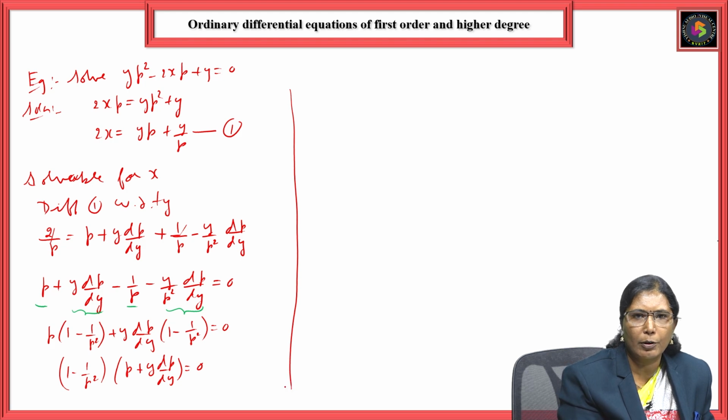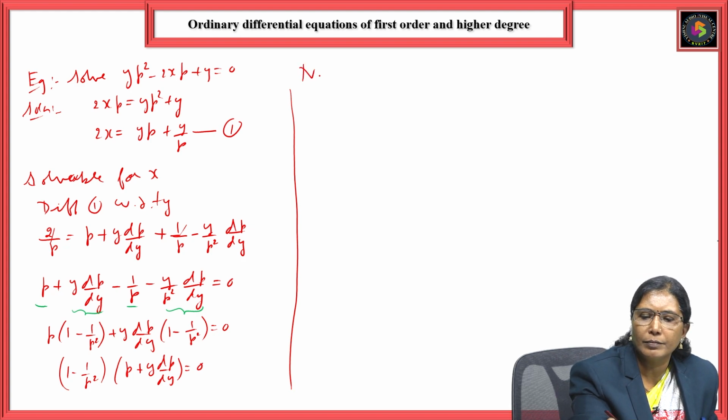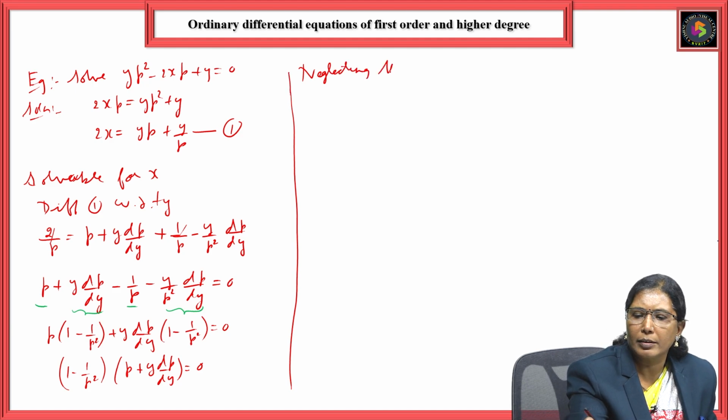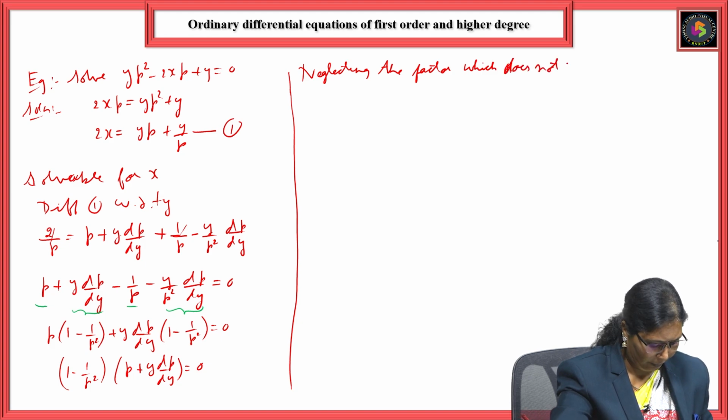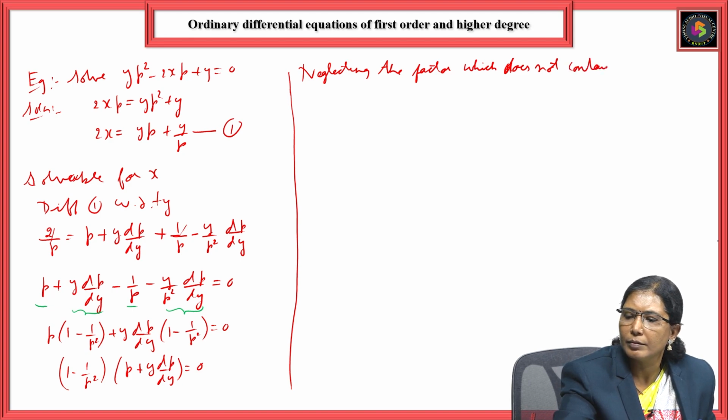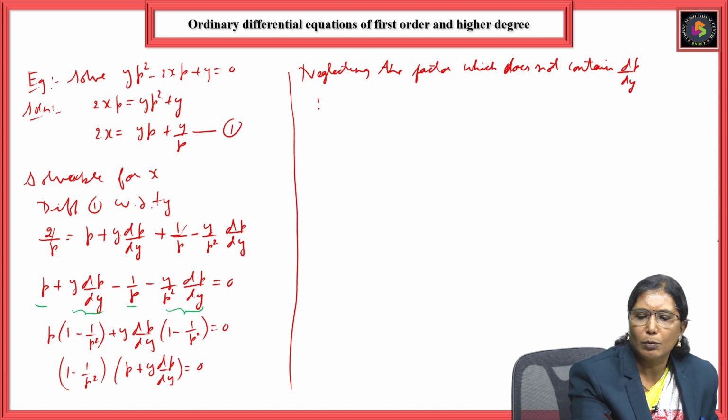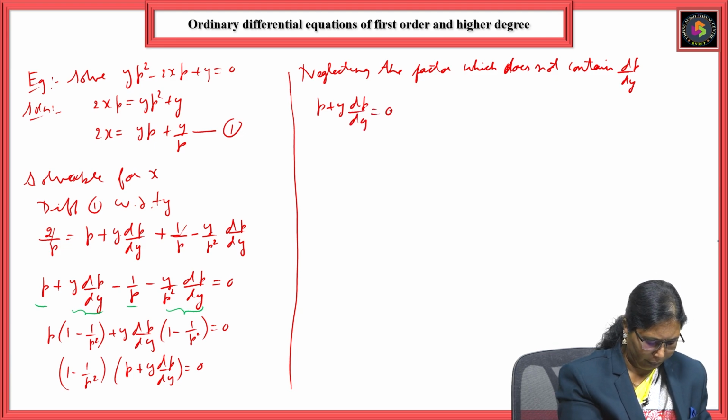Now see, you have resolved two factors. The first factor does not contain dp/dy, so neglecting the factor which does not contain dp/dy, what do you get? p + y dp/dy = 0.